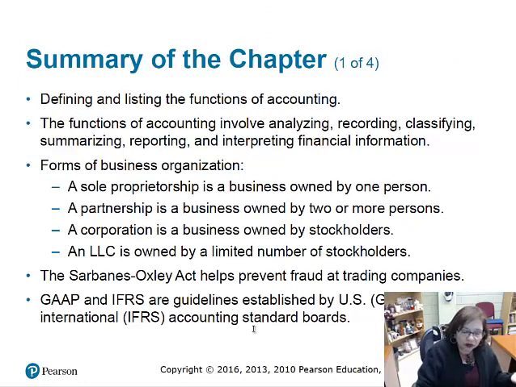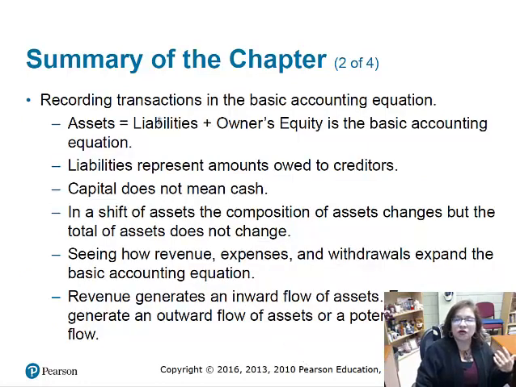So we've gone over all of this. We've gone over what a business is. We've gone over how the businesses are set up. We've gone over the main accounting equation. That is the basics of everything that we're going to do.